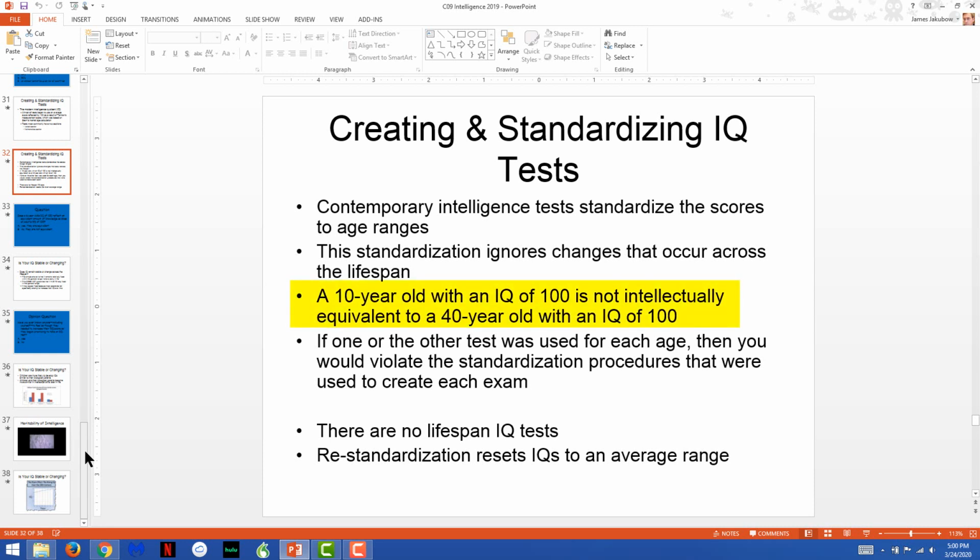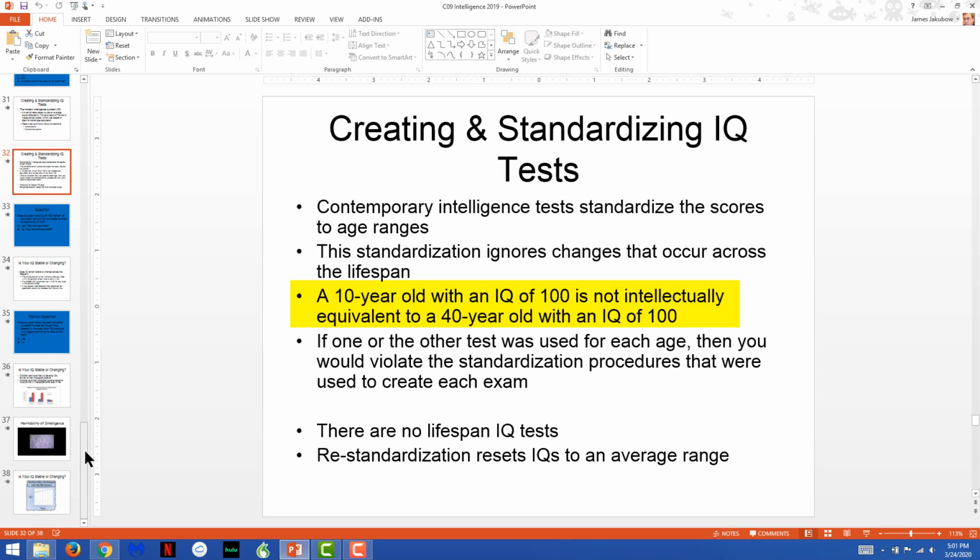But the way in which the IQ test is actually measured is always specific to age. So as you increase your IQ over the course of a school year at age 10 and 11 and 12 and 13, each time you start the school year the following year, you are given a new IQ test which re-standardizes your level of intelligence back to average, and then you have to start all over again.